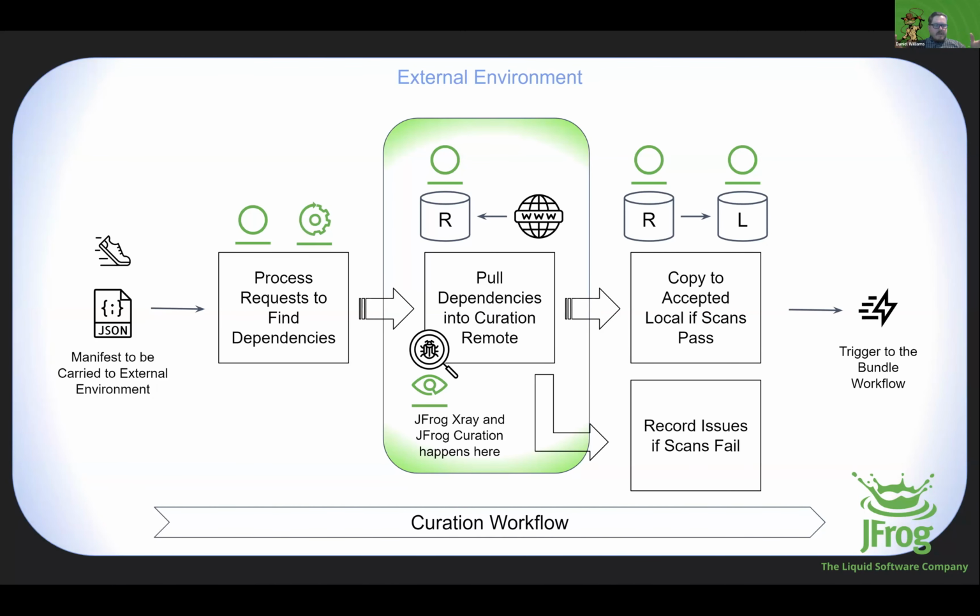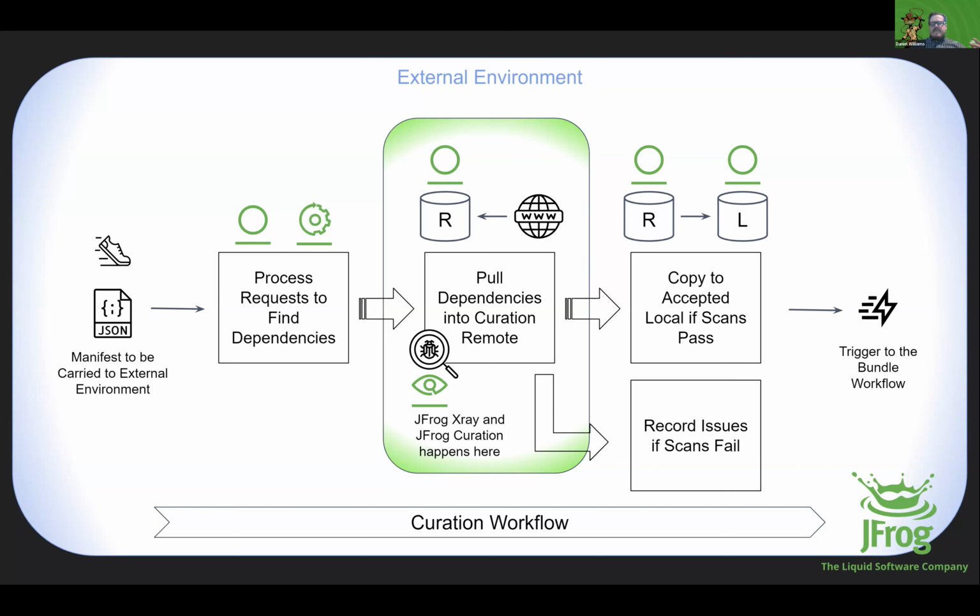Now on the low side environment, we have that manifest being carried in. It'll get submitted to a pipeline. And again, I used JFrog Pipelines because I'm from JFrog and it's the tool I have readily available. This could be a pipeline on something like Jenkins or CircleCI or any number of other CI/CD pipelining systems.